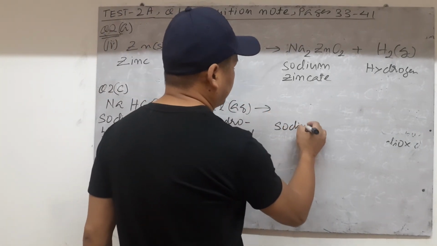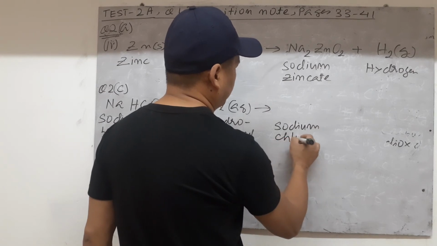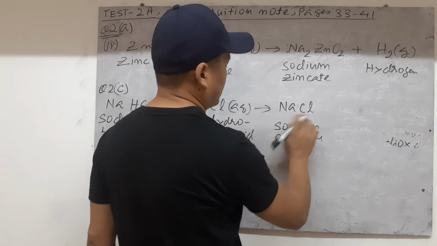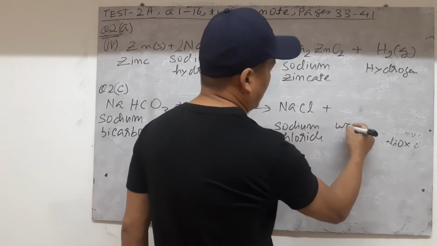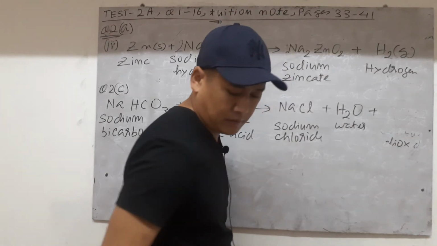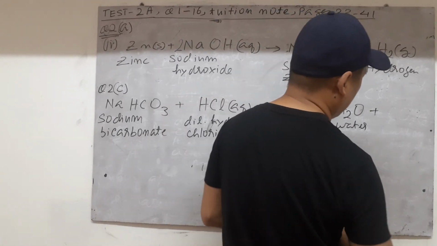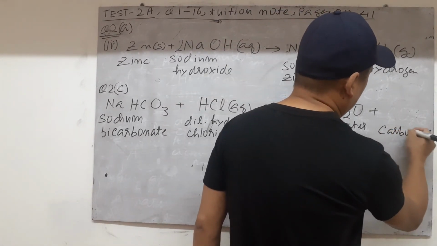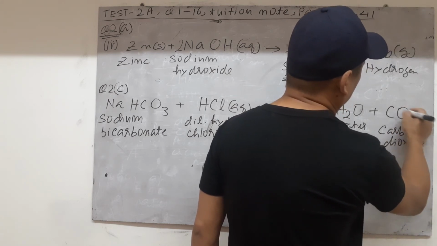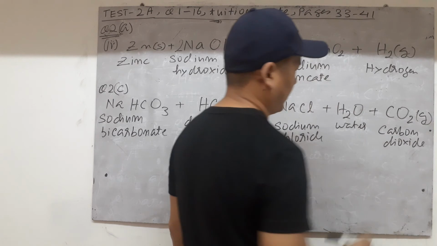Sodium chloride, write down Na1 plus, Cl1 minus, so this is the formula. Water, H2O, and then finally carbon dioxide, so CO2 gas, if you like.